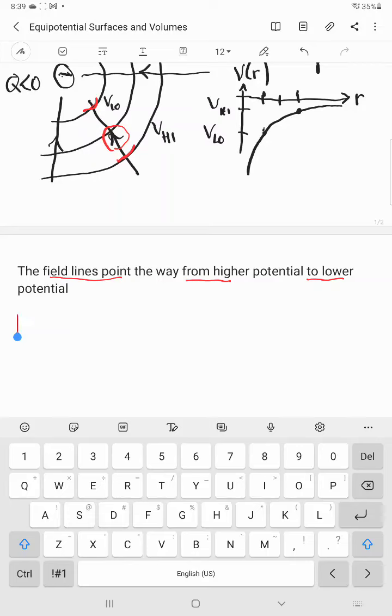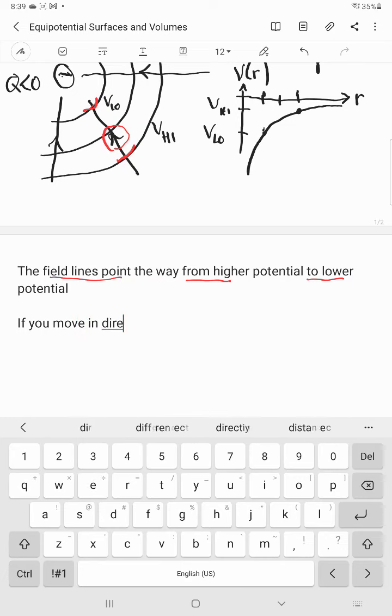So if you move in directions perpendicular, right? Perpendicular is the same kind of meaning as transverse.